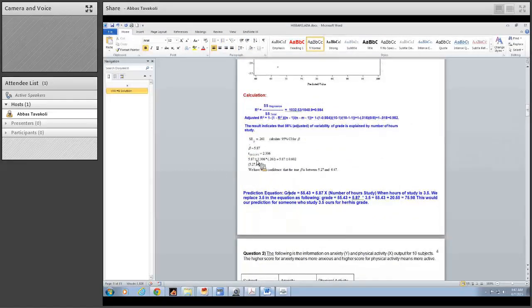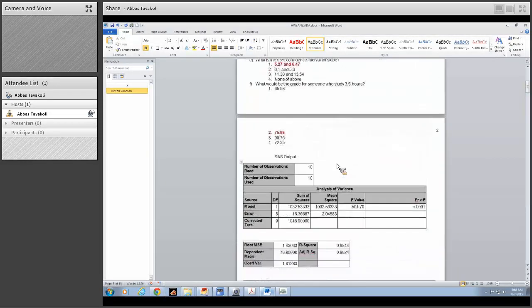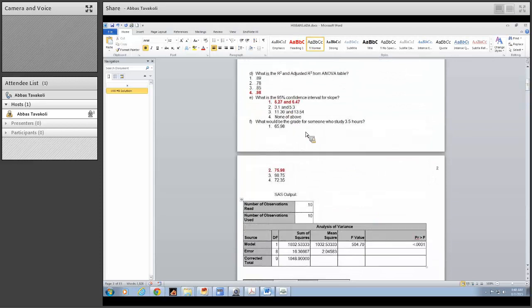The only thing you have to find is the reliability coefficient at t with n minus 2, which is 10 minus 2, at 0.975, which is 2.306. So 5.87 plus or minus 2.306 times 0.261 gives you 5.27 and 6.47. We have 95% confidence that the true beta, or slope, is between 5.27 and 6.47, which is the correct answer.